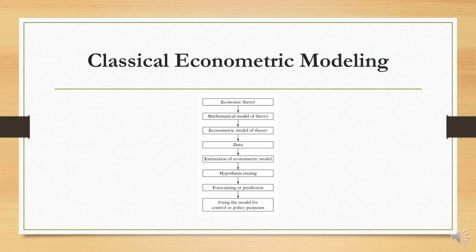The recap of the last lecture: the economic theory, mathematical model of theory, econometric model of theory, data, estimation of the econometric model, hypothesis testing, and forecasting or prediction using the model for control or policy purposes. In this lecture, we discuss classical econometric modeling.